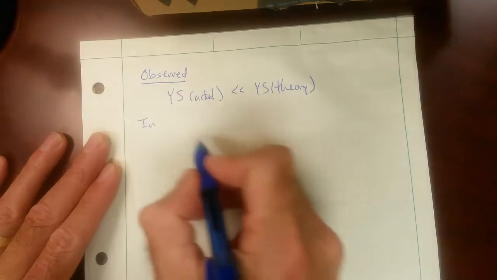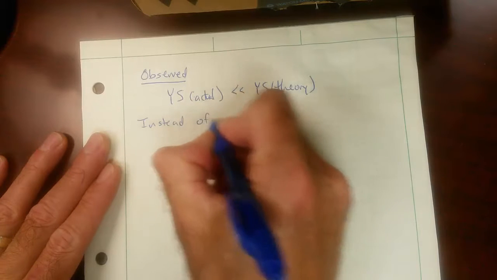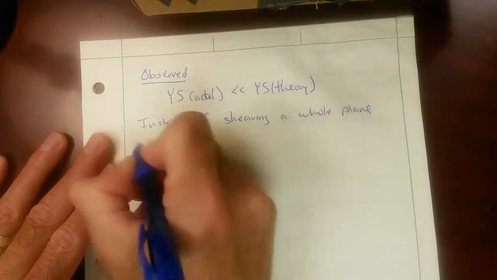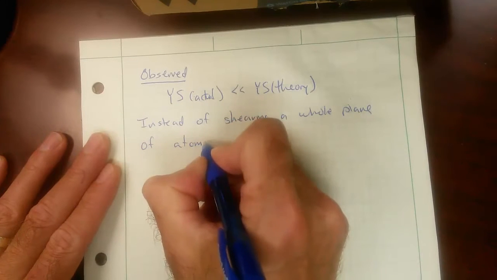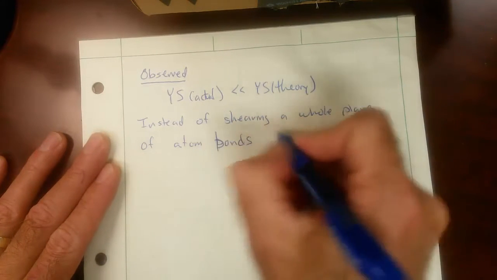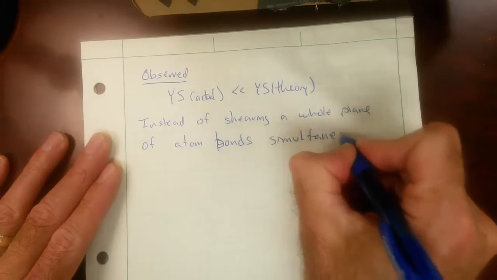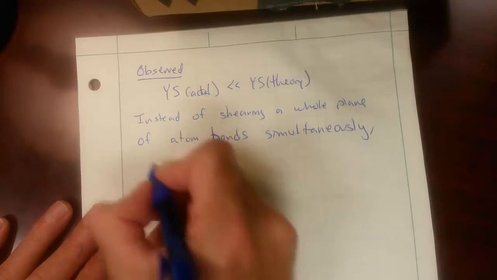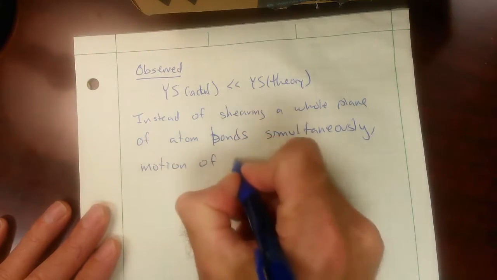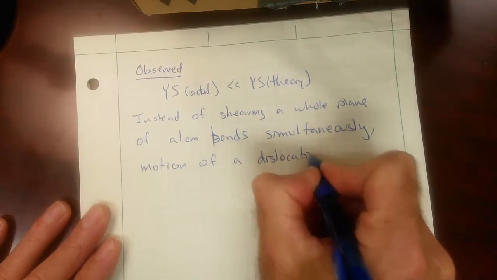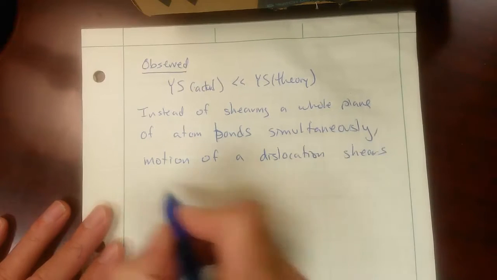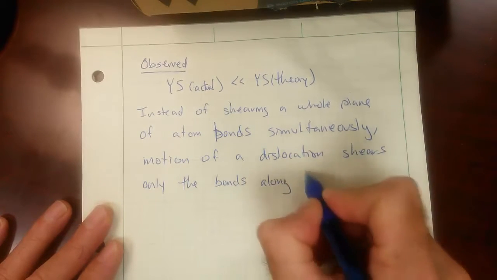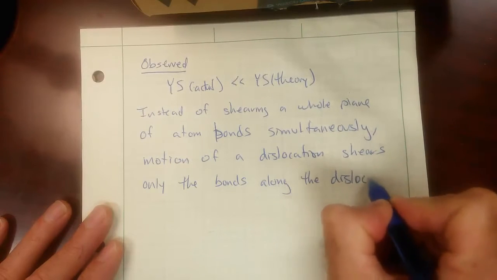And the reason why is that instead of shearing a whole plane of atoms, or atom bonds, simultaneously, motion of a dislocation only shears the bonds along the dislocation line.